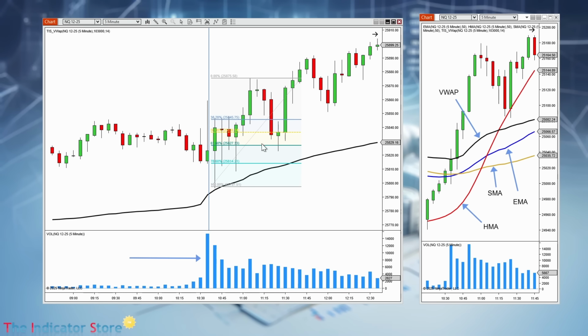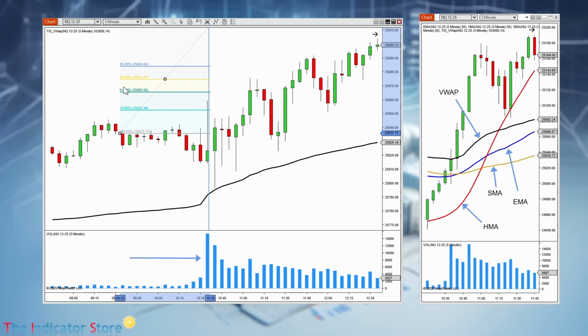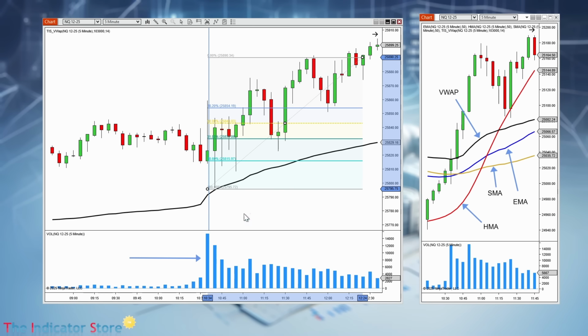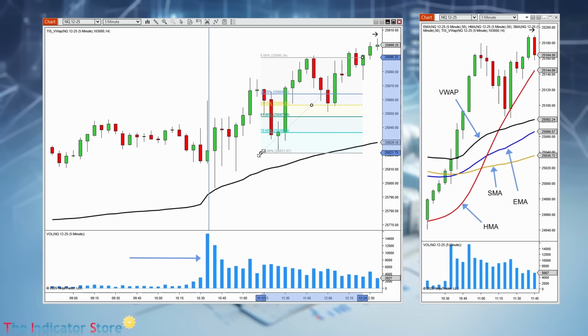You can see that usually the area between the 50 and 60% is a good retracement. For example, here, and then here. But in this case, we don't have an overlap.